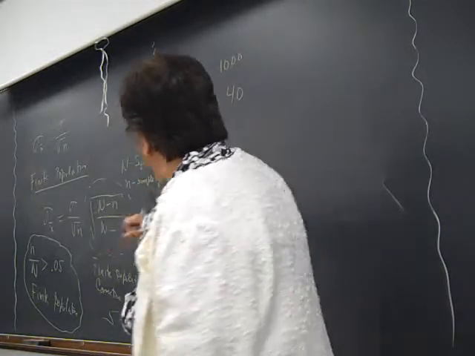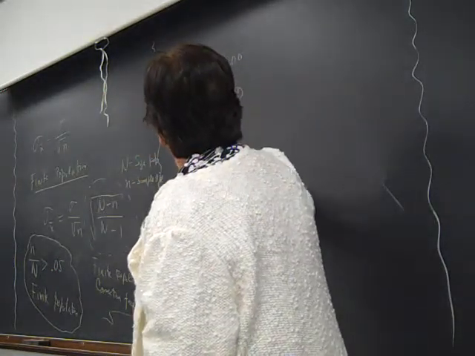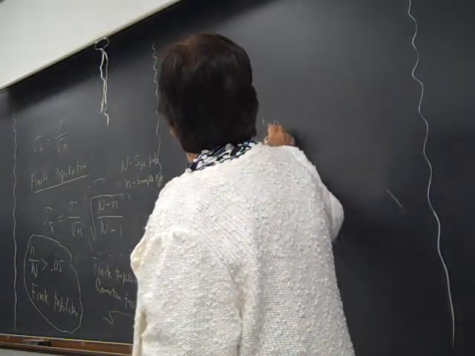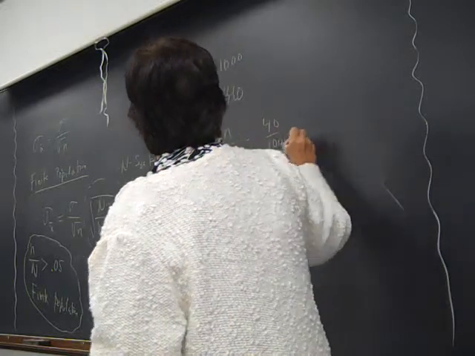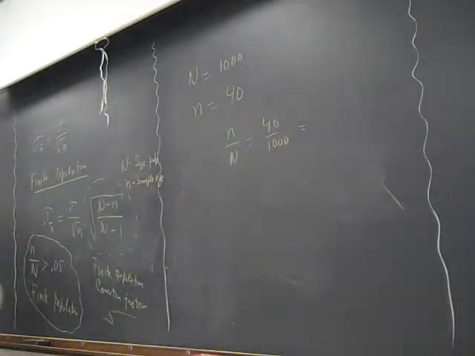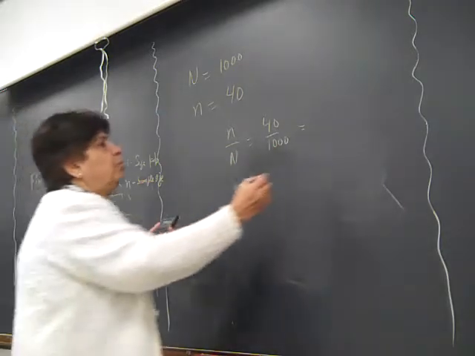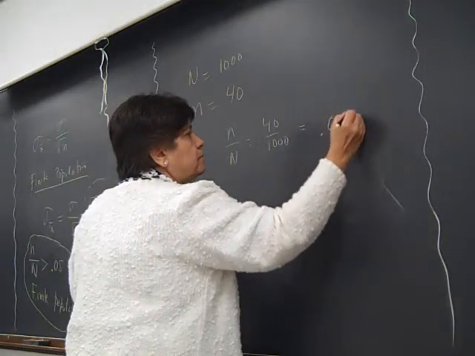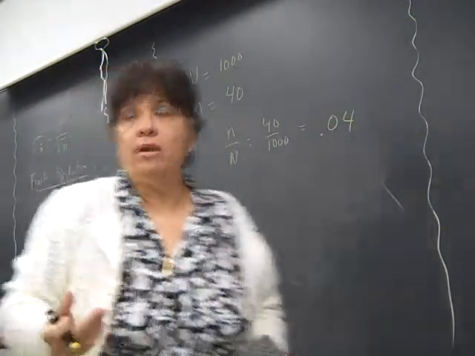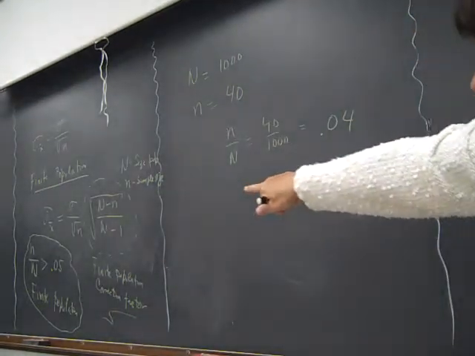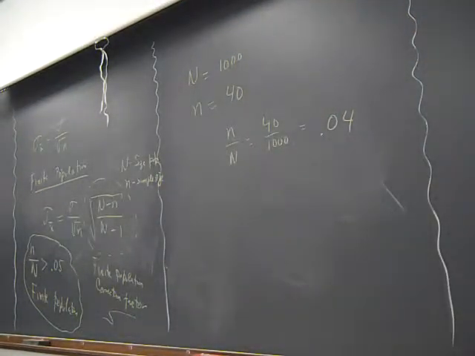Well, n divided by N is equal to 40 divided by 1,000, which is equal to 0.04. Is 0.04 greater than 0.05?